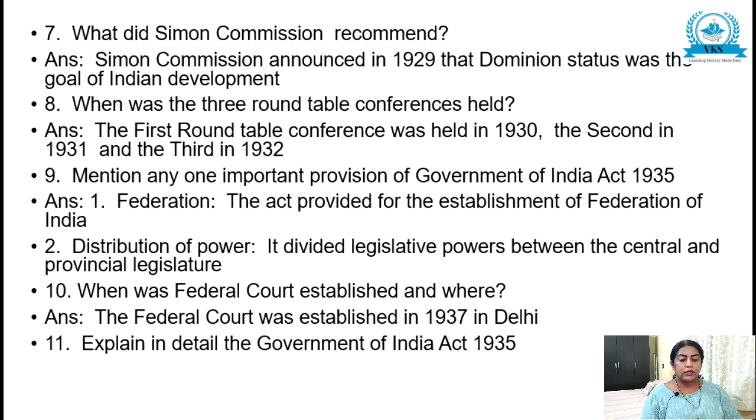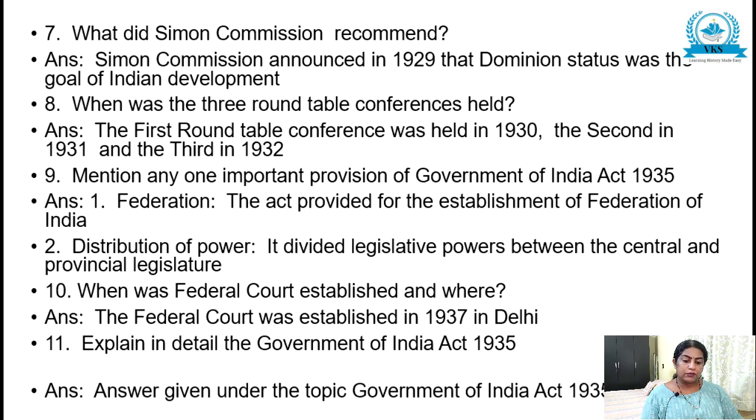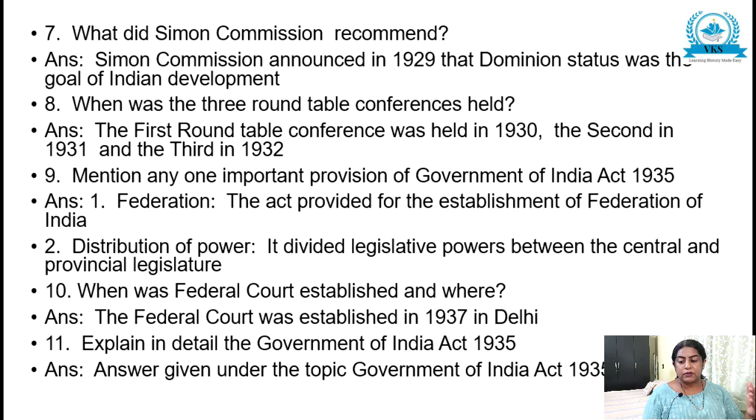Explain in detail the Government of India Act of 1935. So all the points which I have explained under the topic Government of India Act 1935 and the provisions of the Act, you can write as the answer. First, the situation which led to the introduction of Government of India Act, you can write as an introduction. Then you can go to the important provisions, that is federation, distribution of power.